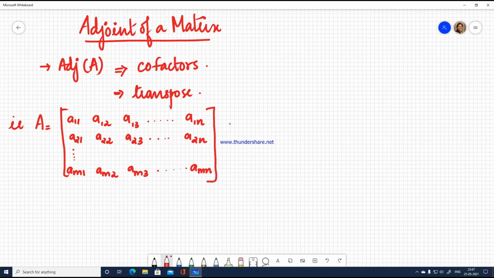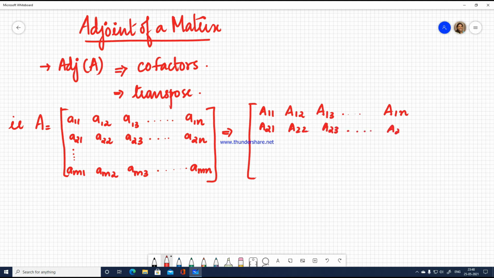Now we find the cofactors. We rewrite the cofactors as A11, A12, A13 up to A1n, and in the second row A21, A22, A23 up to A2n. Likewise it goes up to m rows: Am1, Am2, Am3 up to Amn.